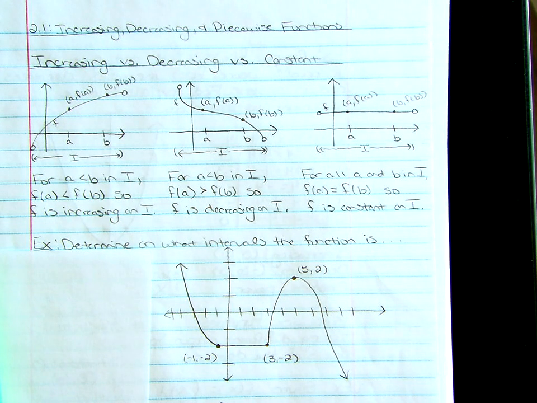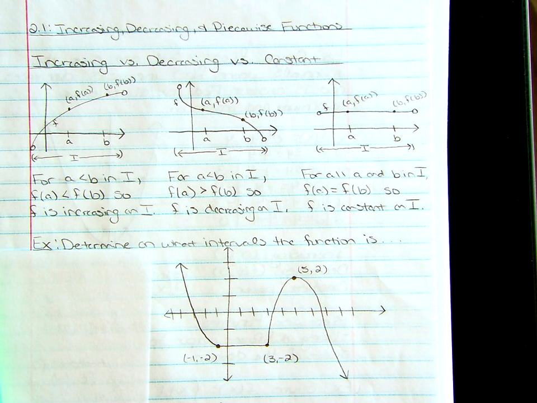That's what it says. And it does say on a given interval. We're not talking about the entire function, because oftentimes a whole function is not going to be just one of these things. You're going to have sections of the function that are increasing, decreasing, or constant, not the entire function as a whole. And so that's why we have to use that special indicator that says on an interval or in a given interval.